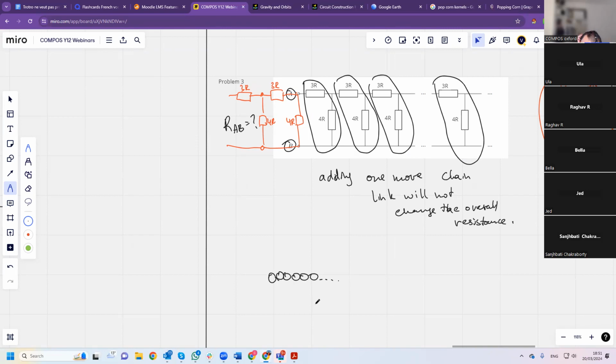It's the same one. If you have a sequence of 1, 1, 1, 1, 1, and you add another one on the left, that doesn't change anything.